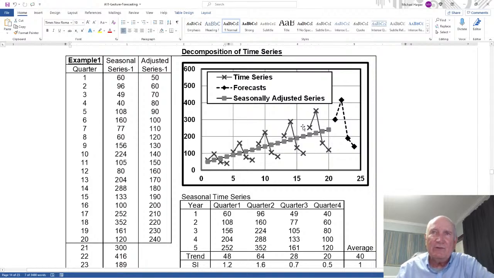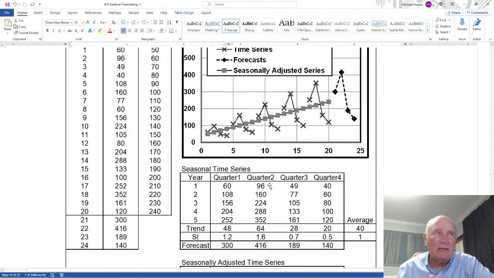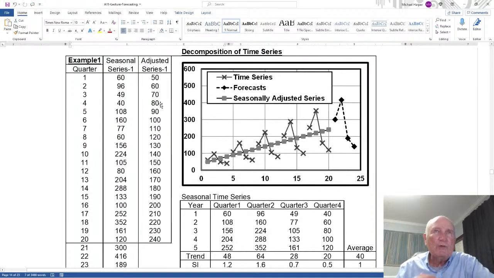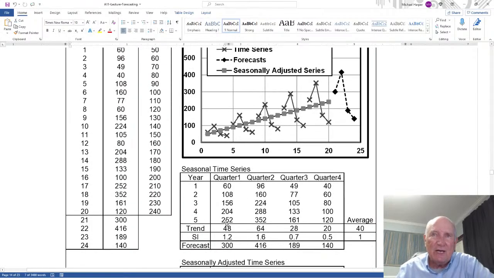I have every year, it looks like I have a pattern. It repeats every year. So therefore, I'm going to block it. When you have a seasonal component and it obviously repeats every year, you block it to match up the seasonal contribution for a quarter, for a time period, in this case a quarter.